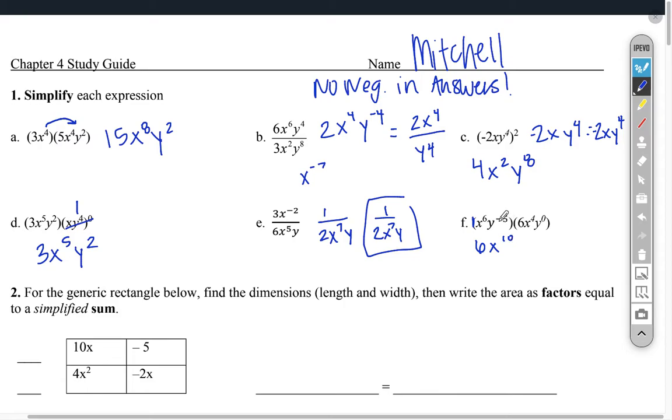And then we have negative 5 and 0. Remember, the 0 power becomes 1. Not this whole thing will not become 1, but just this y becomes 1, because that's what's being raised to the power of 0. So we just are going to be left with y to the negative 5th power. And of course we have to get rid of our negatives. So we have 6x to the 10th over y to the 5th power.